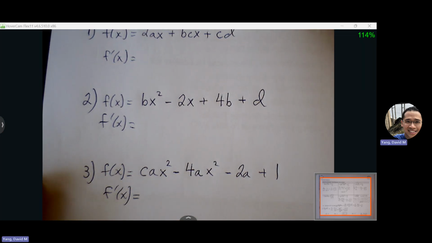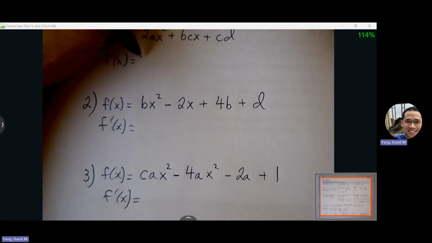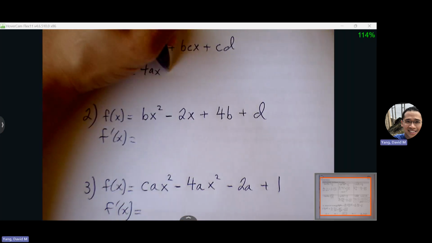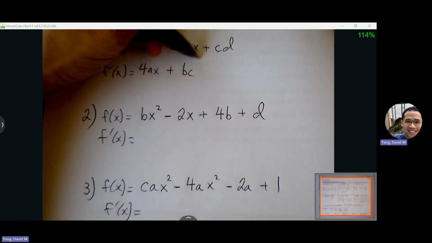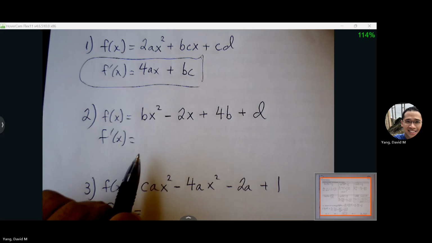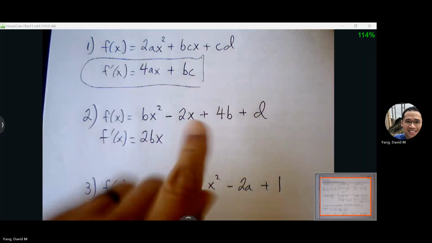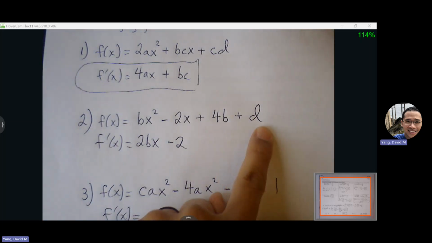All right, let's talk through this and check our answers here. 2ax squared becomes 4ax. bcx, zero. Good. All right, bx squared becomes 2bx. Minus 2 becomes 0.